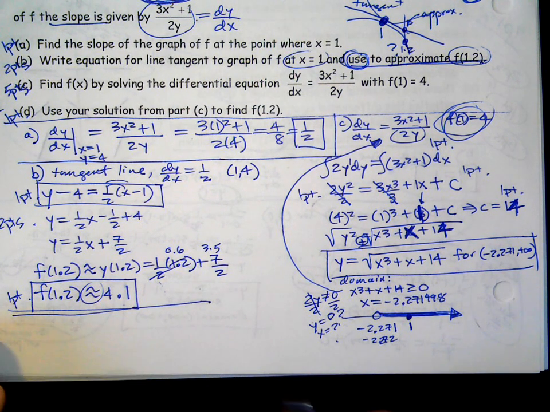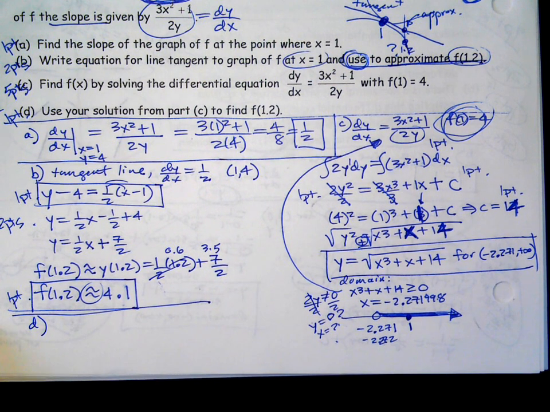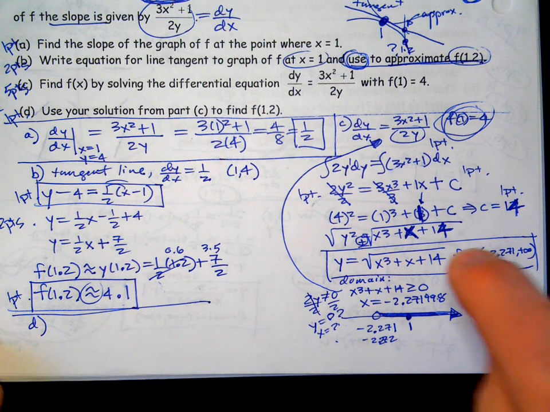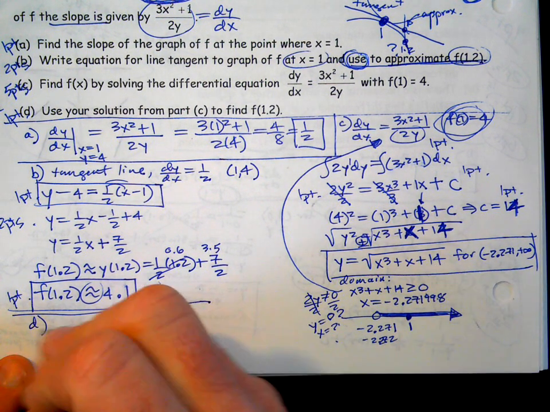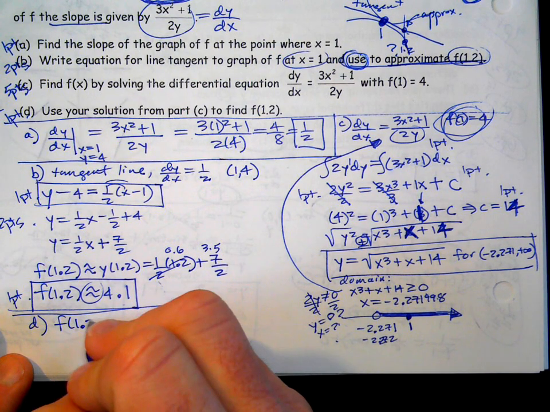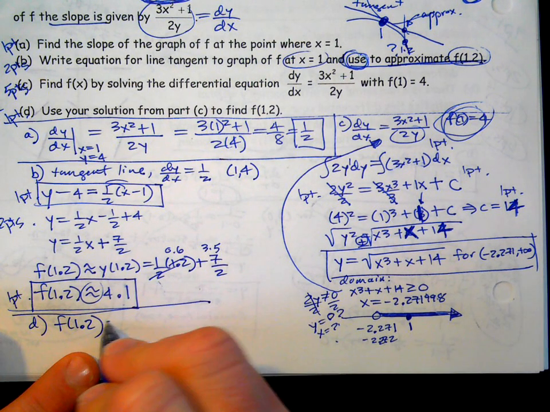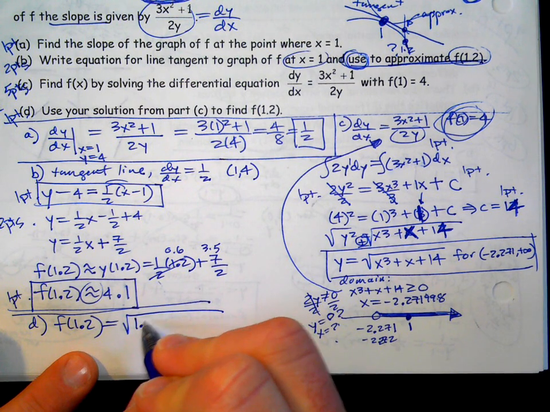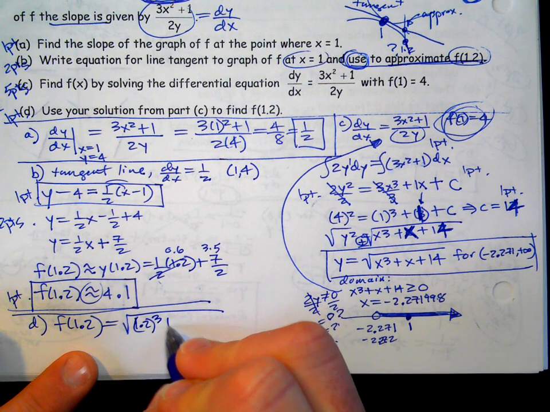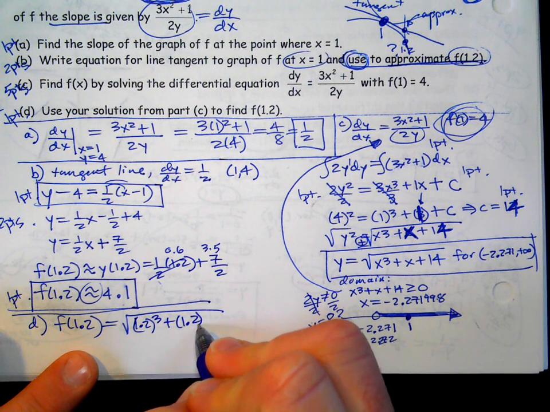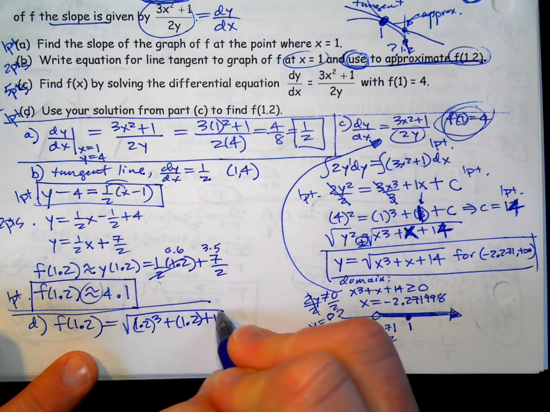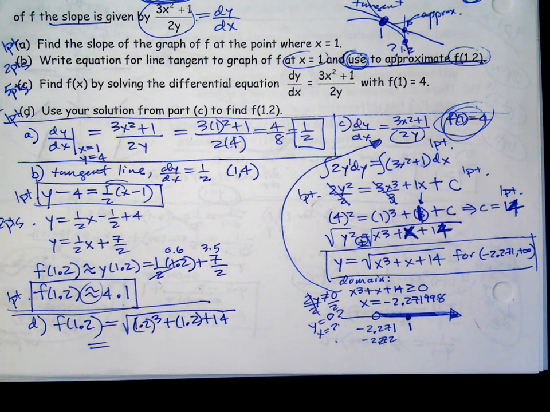So part D says use your solution from part C to find f of 1.2. So they're saying, all right, plug 1.2 into your answer. So I would just write it, show your work, and then we have a calculator.